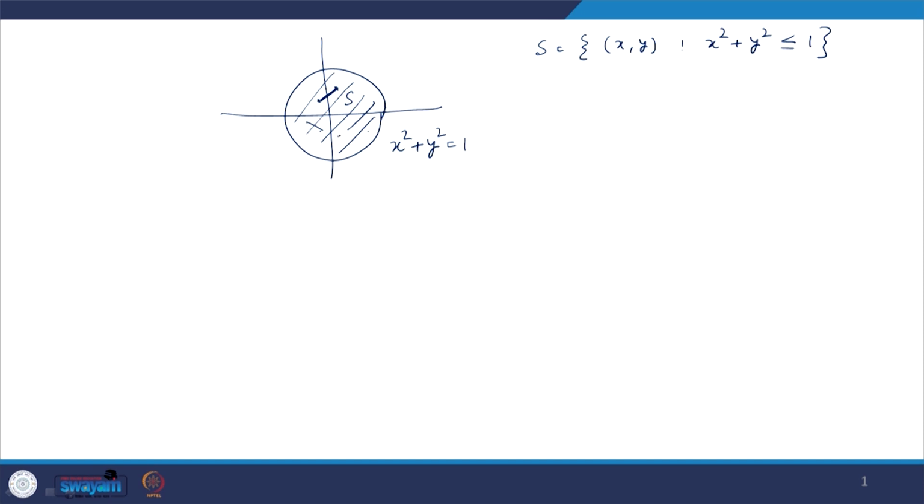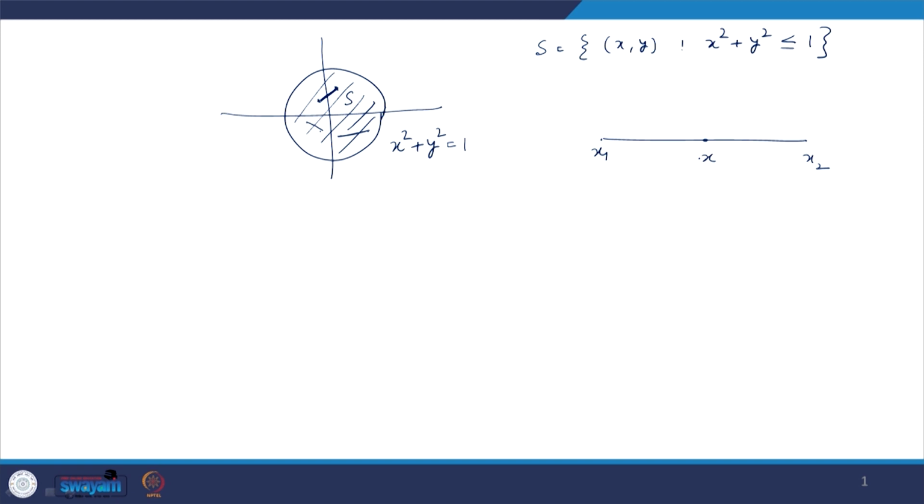So, geometrically, a set may or may not be convex. If a set is convex, that means you take any 2 arbitrary points in the set, and the line segment joining these 2 points lies totally inside the set. So, suppose you have 2 points, say x1 and x2, and say you have a point x in between these 2 points.